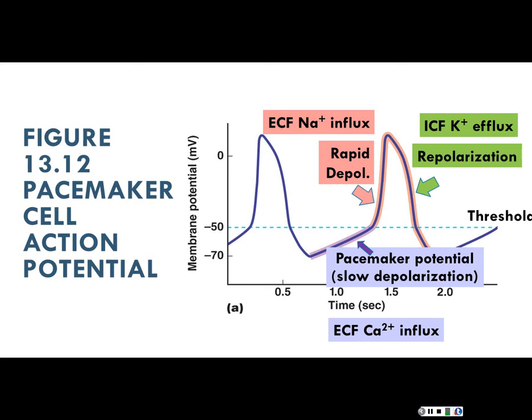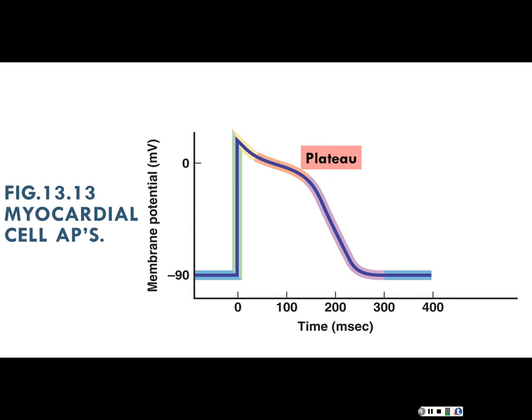But the bulk of the heart, 99% of the rest of the heart, are contractile cells. Those contractile cells, the myocardial cells, look at their action potential. Looks very different, right? They're going to depolarize to threshold, back to our familiar sodium ion. So the contractile cells, when a stimulus is present, will depolarize, open up, and let sodium into the cell. And then they do something really weird.